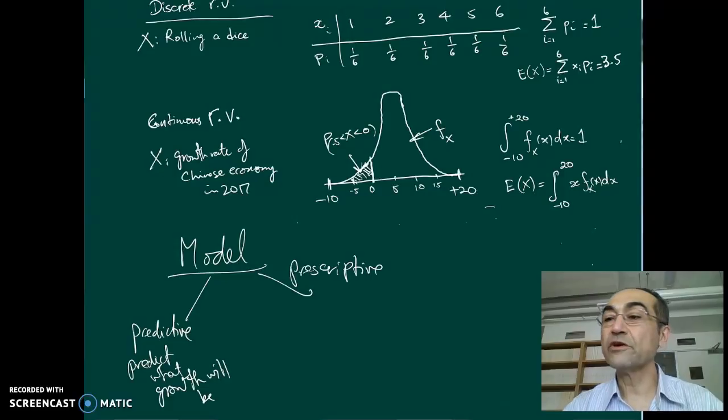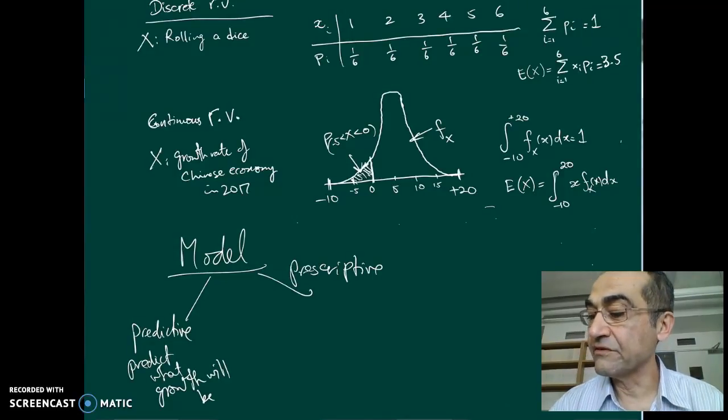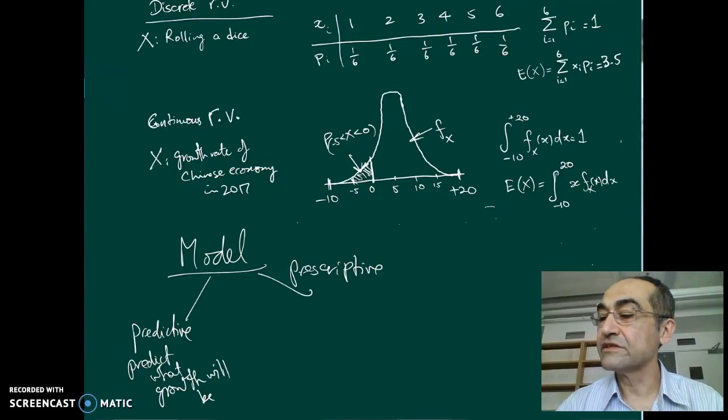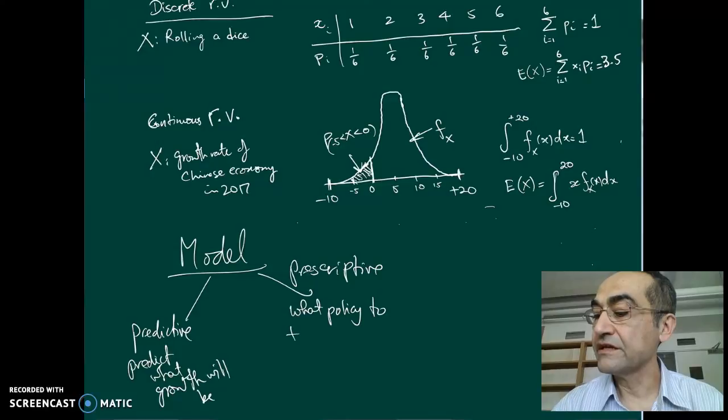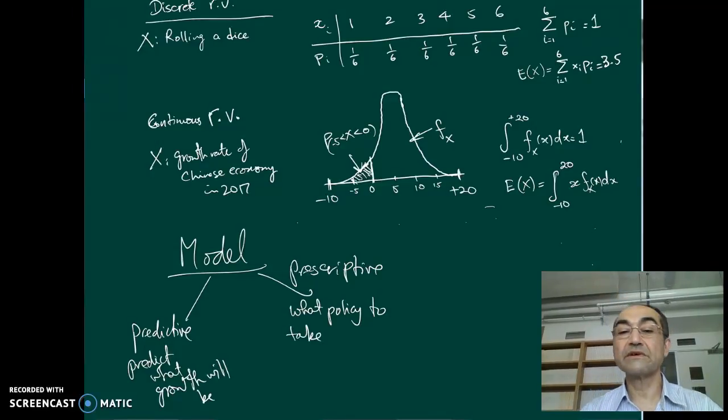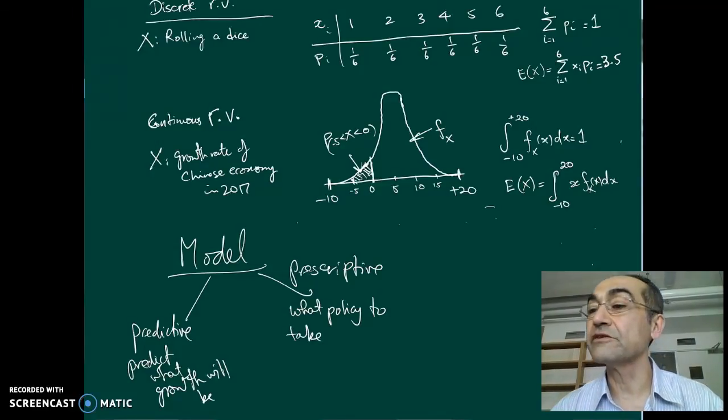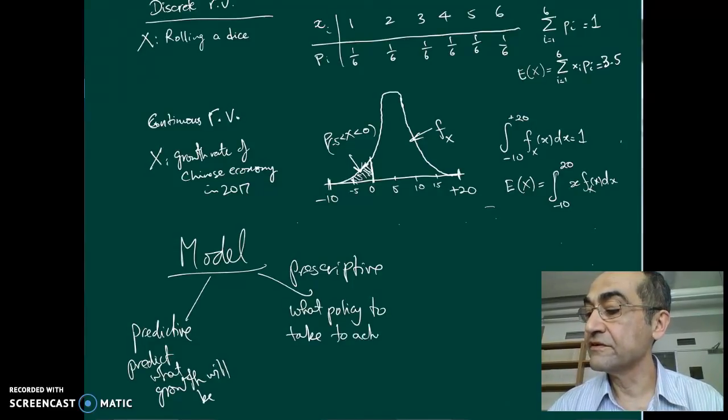And a prescriptive model will allow us to say what policy actions to take to achieve, say, more than 6% growth.